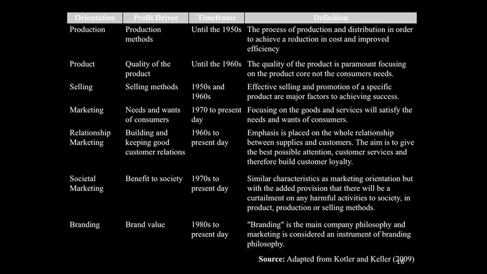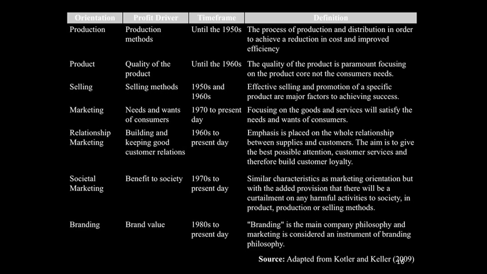Relationship marketing is building and keeping good customer relations, from the 1960s to the present day. It's about the whole relationship between suppliers and customers, and the aim is to give the best possible attention. Societal marketing is benefit to society, the 1970s to present. It has very similar characteristics to the marketing orientation.